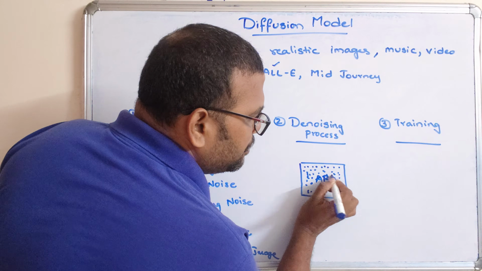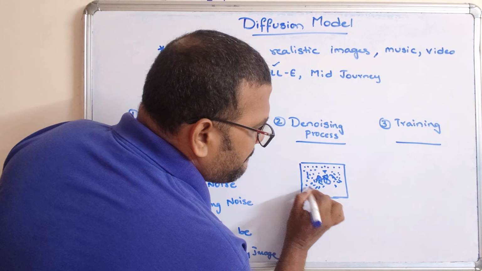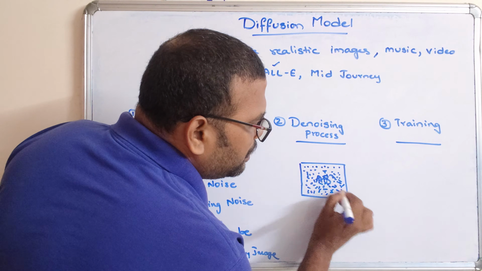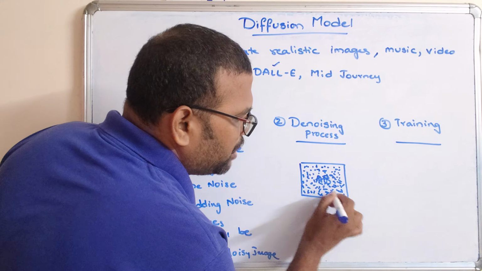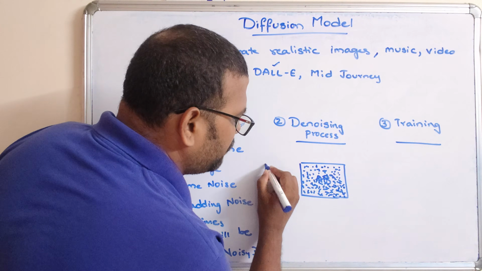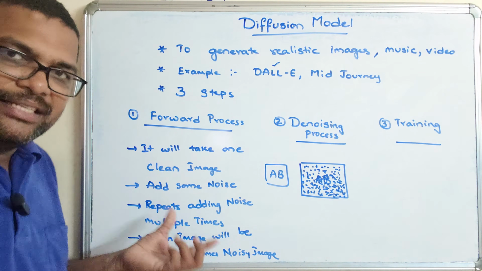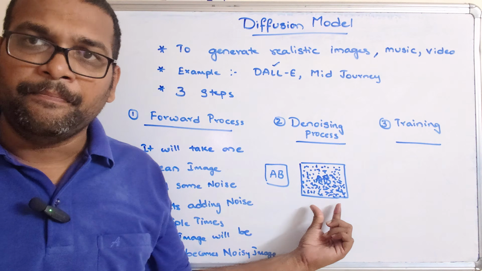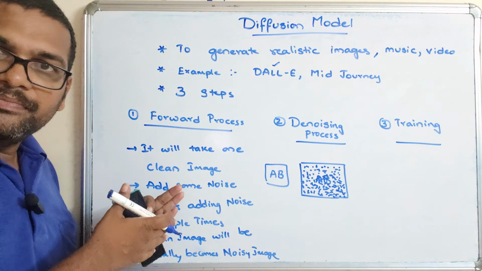See how it becomes after thousands of times: the clean image is converted into a noisy image. After thousands of iterations of adding noise, the first image becomes this noisy one. This is done in the forward process.